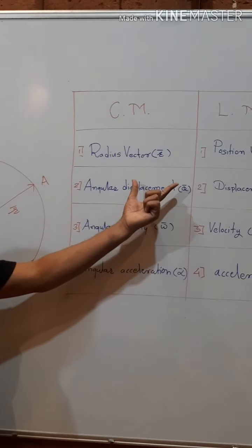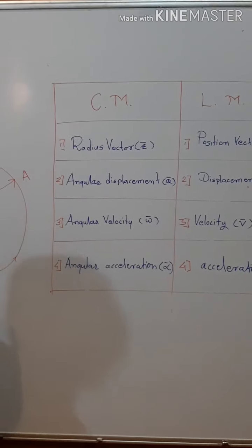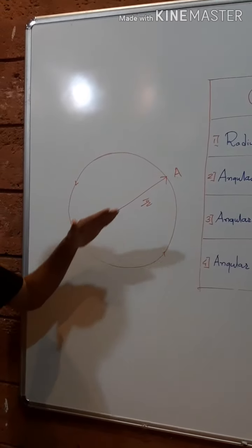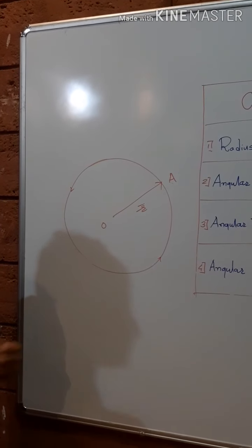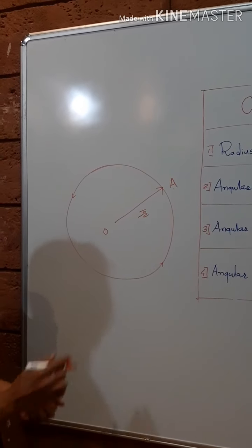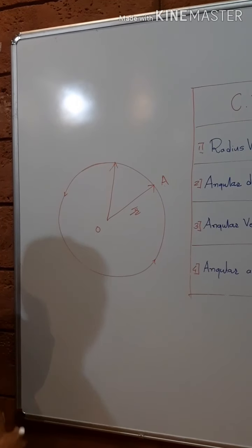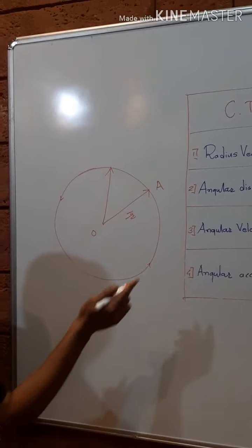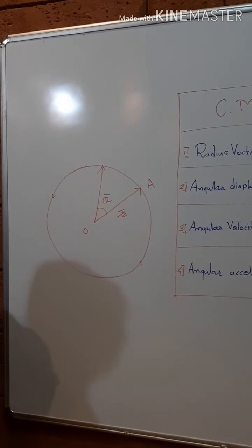Now the next physical quantity is angular displacement. The question is, where is its position after time t? Is it here, here, or here? It can be described by using the physical quantity angular displacement theta bar.